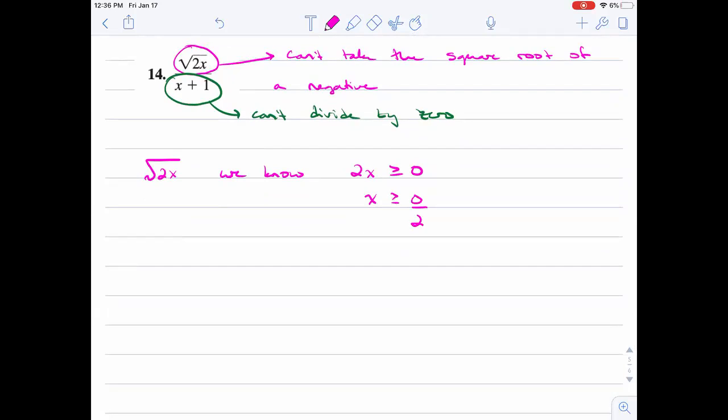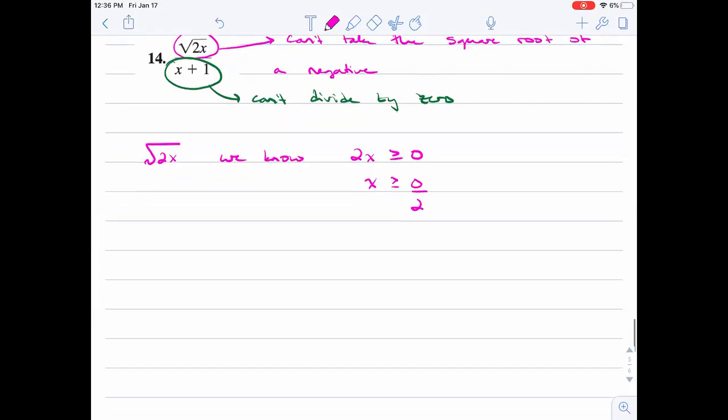But x could be 1/2. Yeah, okay, it works. The math works. So x is greater than or equal to 0.